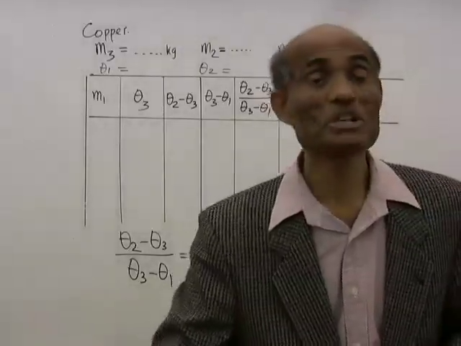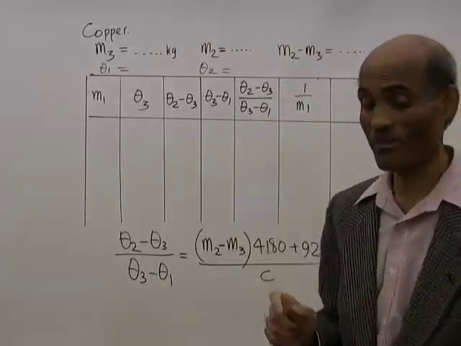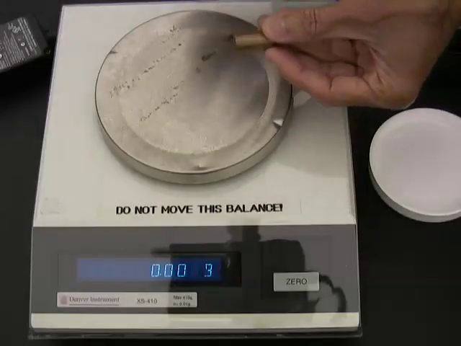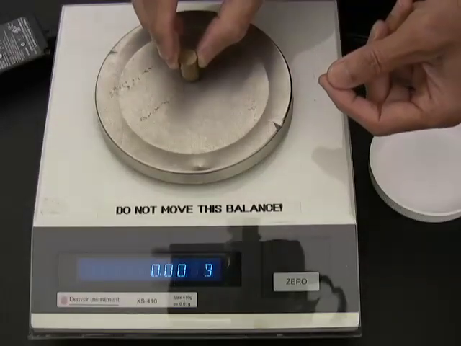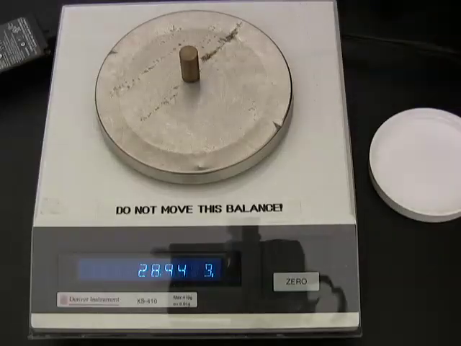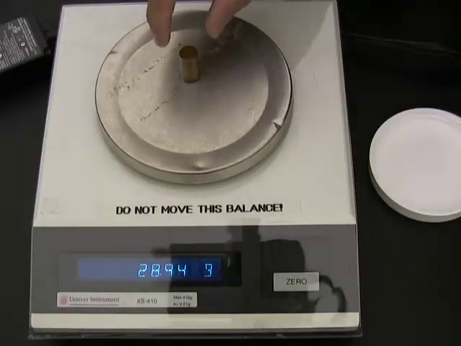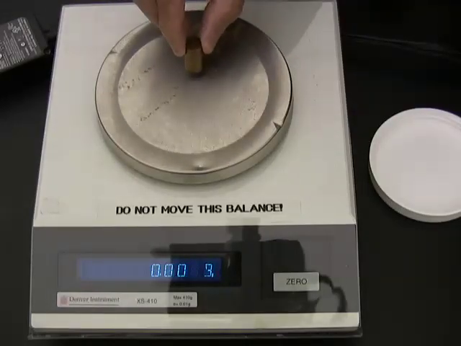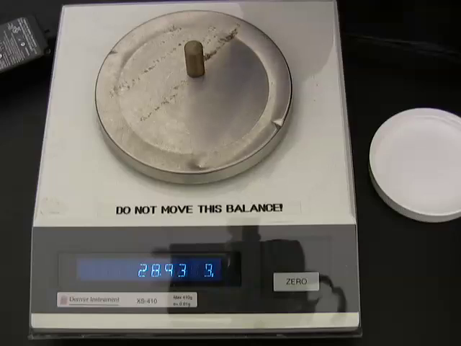Okay, let's now measure the masses of the 5 pieces of copper. Well, this is sample 1, measure its mass and record it. So when I next time refer to sample 1, this will be the one I'm talking about. So measure its mass and record it.